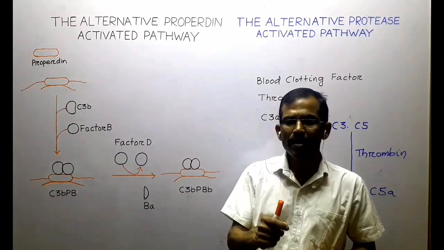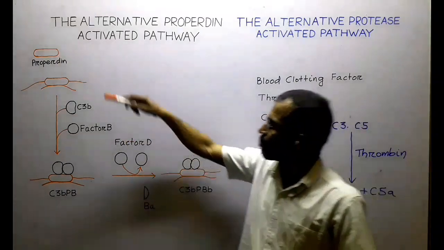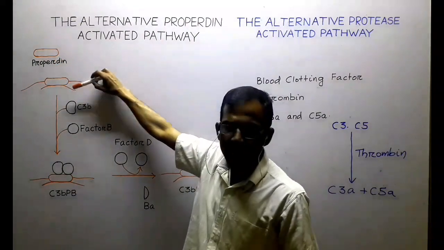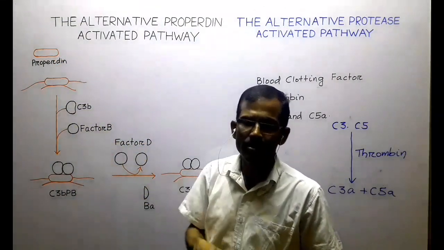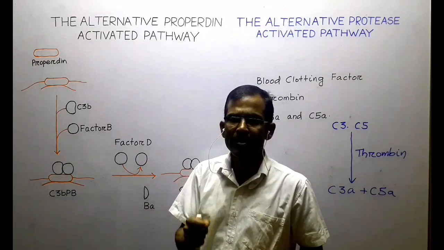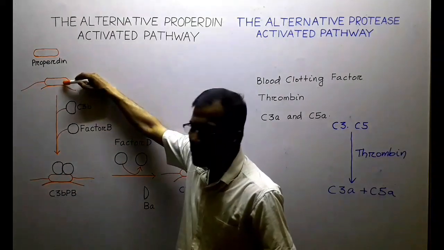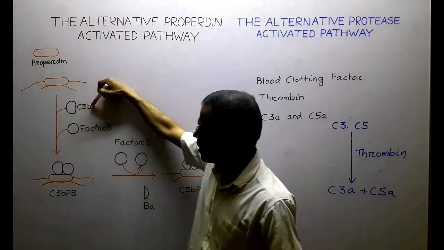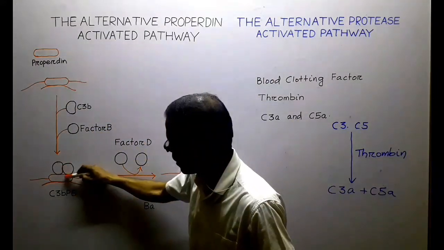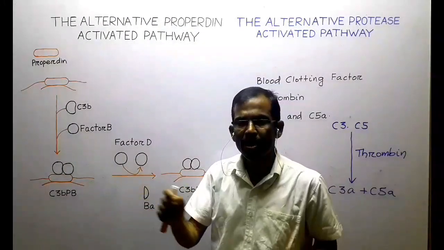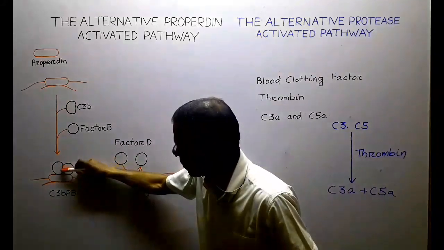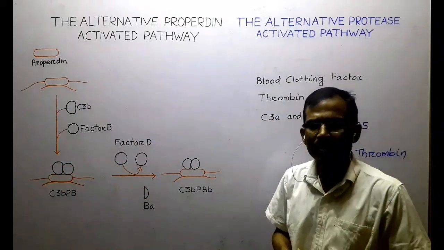In vitro experiments demonstrate that when properdin molecule is immobilized on an artificial surface and is allowed to interact with purified complement components, then the properdin binds with the component C3b and factor B. By binding, factor B becomes susceptible to cleavage by the factor D. So, the factor B is cleaved into two fragments.